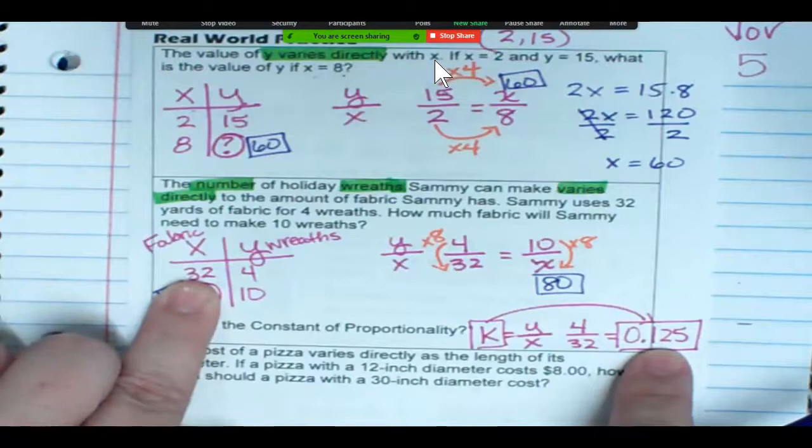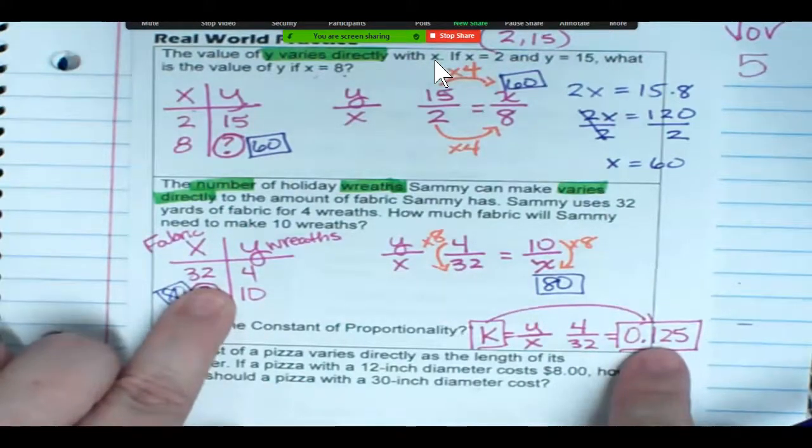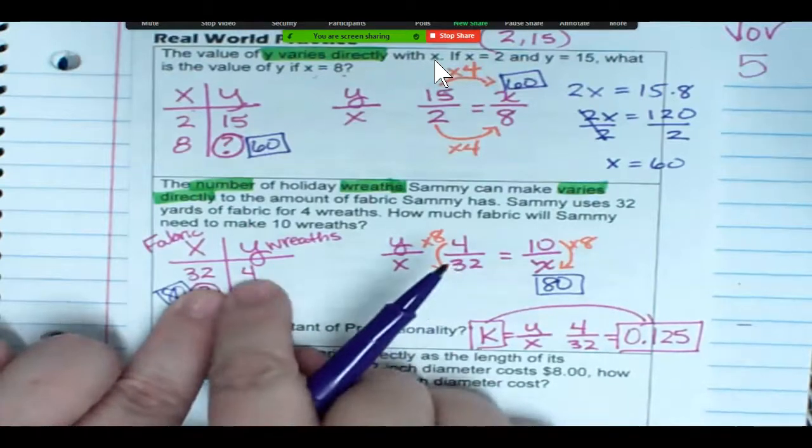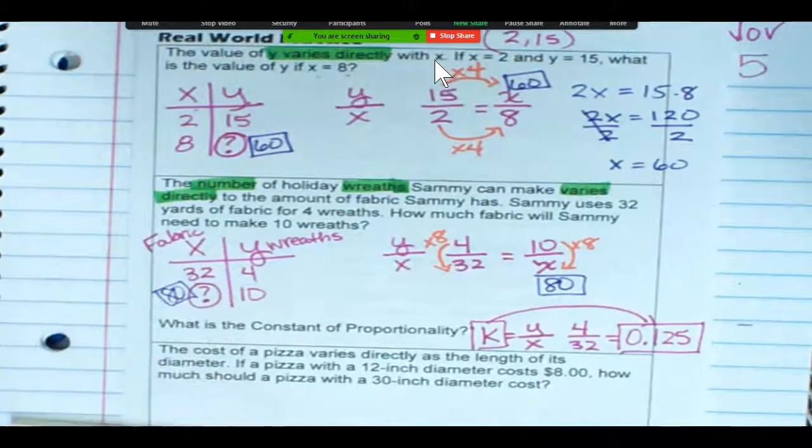Double check it. Yes, it does. That's how you could double check. Remember, the constant of proportionality is that magic multiplier to go across my table. It's that magic number that raises up my graph.